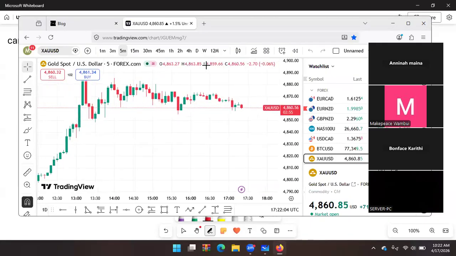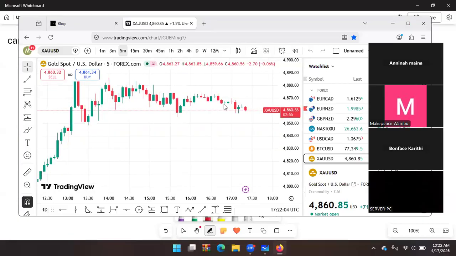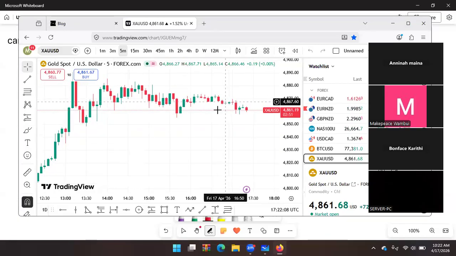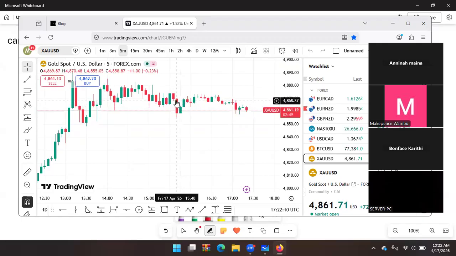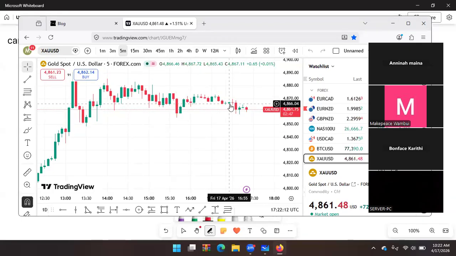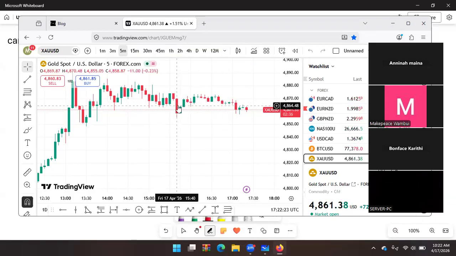You can see a difference between this candle and this candle. This one has a small body, meaning the market activity was low compared to the market activity at this particular time, because a candlestick represents the movement of the market in that particular time frame.